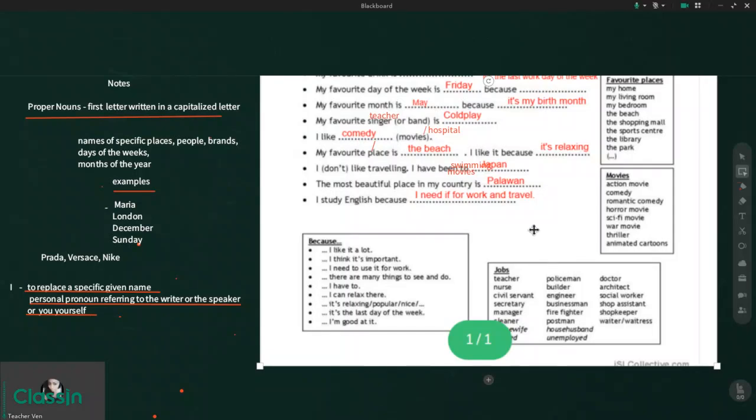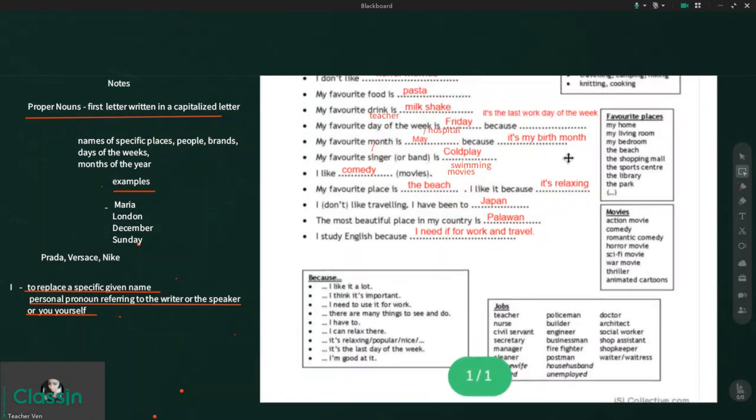Or maybe in Canada, where English is the native language, okay? So we have to study the English language. It's very important. It's the universal language. Everybody needs it, actually. Even me, or anyone who's a non-native English speaker. So again, I study English because I need it for work and travel.